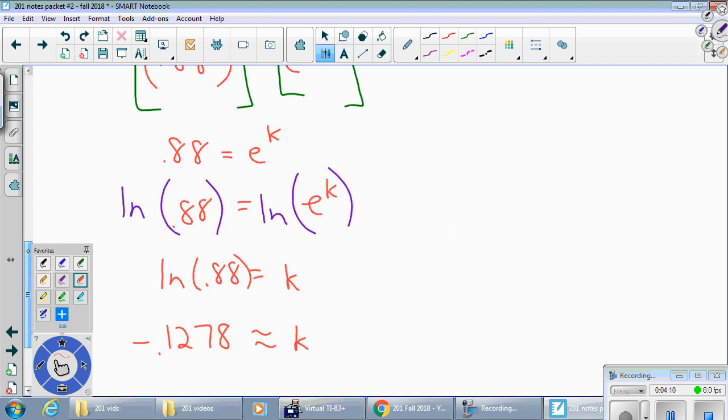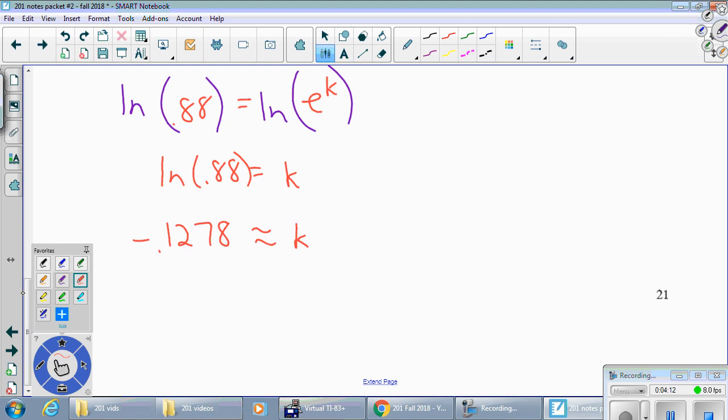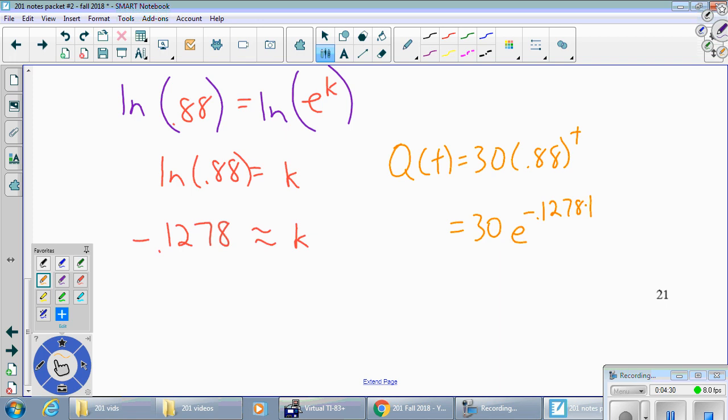And so then let's write our final answer here. So what that means is that our original function, Q of t equals 30 times 0.88 to the t, but another way to write that is 30 times e to the negative 0.1278 t. It's only approximate here. Okay, so that's good. And then there was just one more follow-up question.